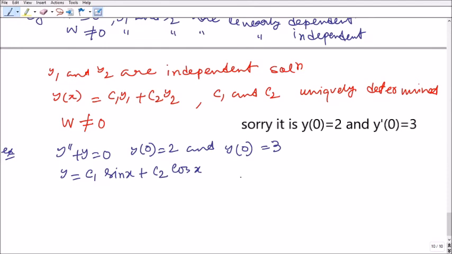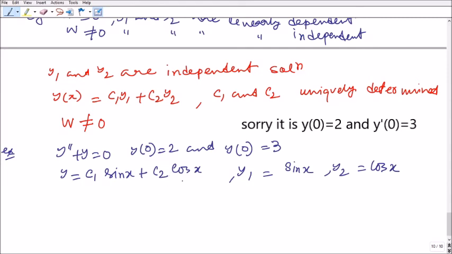Then we can write the solutions y1 equal to sine of x and y2 equal to cos x. You see that the initial conditions are given: y of 0 is equal to 2 and y dash of 0 equal to 3. So from this we can determine the unique solution, and we can find the values of c1, c2. So w will be not equal to 0.